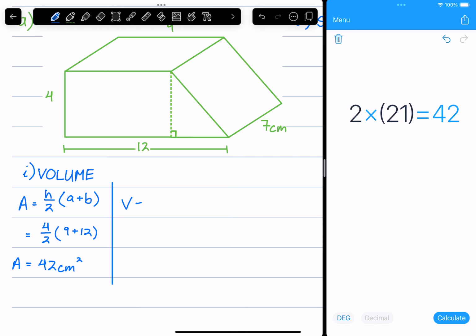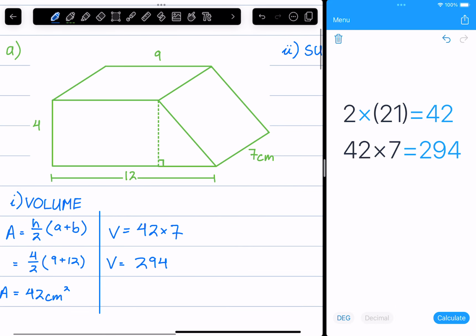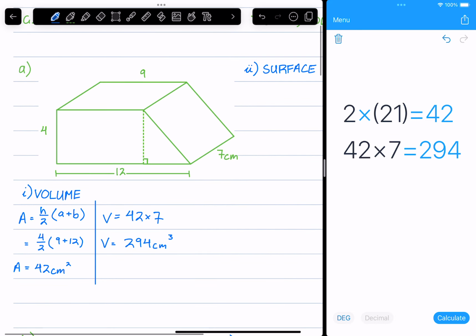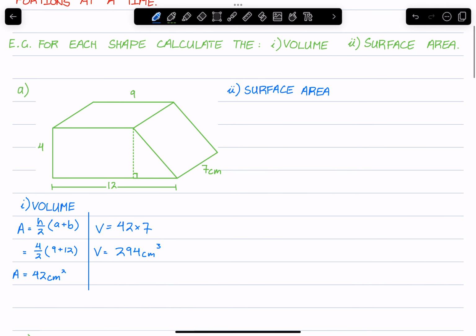So volume equals the area times the height, so 42 times the depth of this, which is 7. So it's going to be 42 times 7, which gives us 294 centimeters cubed this time. And so that's the volume of this shape.